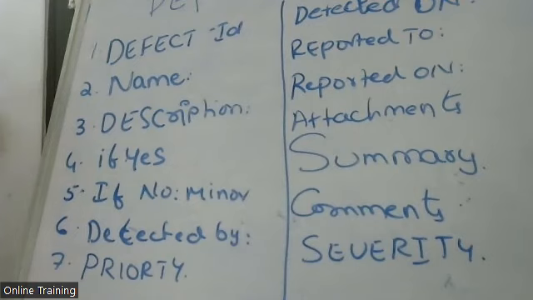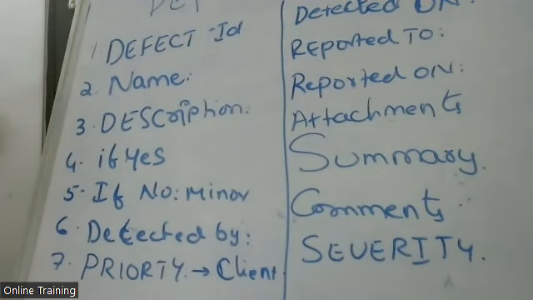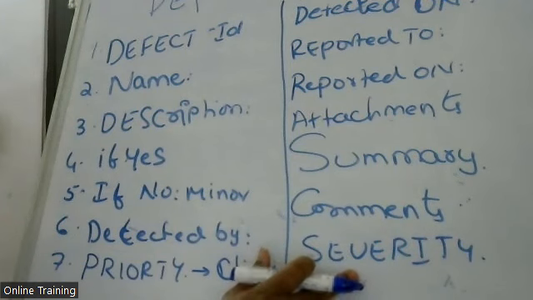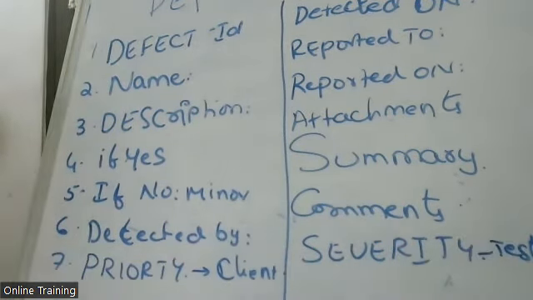What is the difference between priority and severity? The importance of a defect with respect to the client is called priority. The seriousness of a defect with respect to the tester is known as severity.